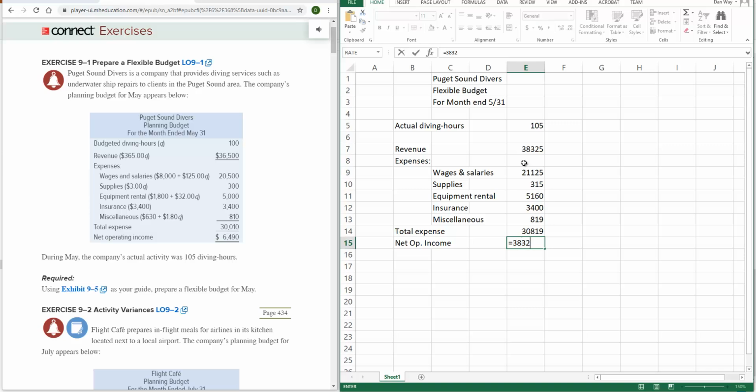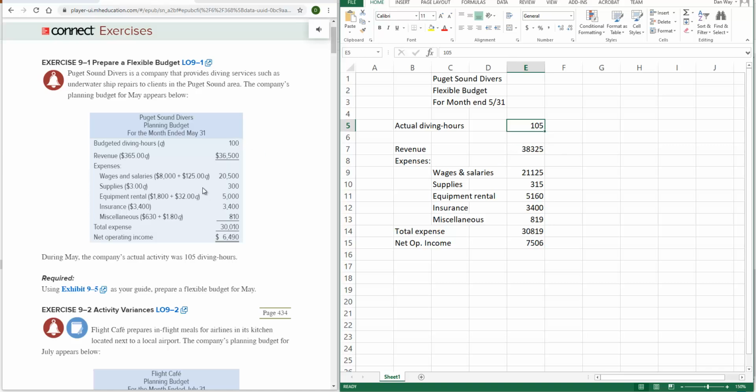I'll put in the numbers this time rather than the cell reference, $38,325 from right here, minus that total expense of $30,819, and our net income would be budgeted at $7,506. Again, we would expect that to be a little bit higher since our actual level of activity was a little bit higher than our budgeted level of activity.